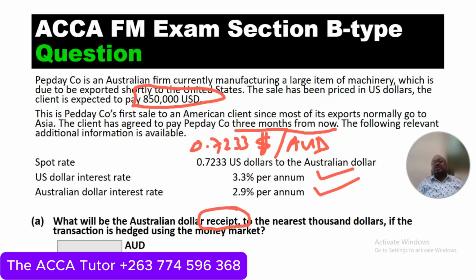So we just assume that that's the rate for depositing. In a typical money market hedge question, you are likely to be given the higher and lower rate. Two rates are going to be given, such that you then have to pick the correct rate. But in this particular question, let us just pick 2.9.